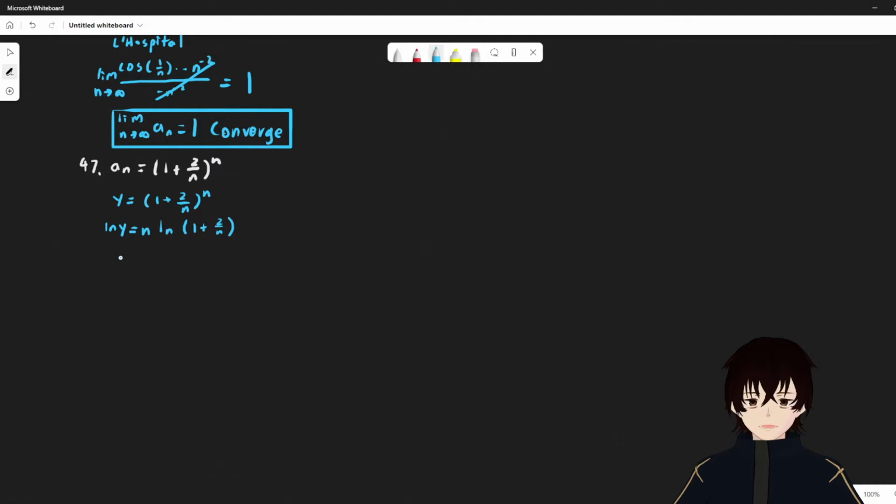Reverse L'Hopital. 1 over n divided by 1 over n. Hang on, let me try this. Y is equal to n plus 2 over n squared to the power of n.